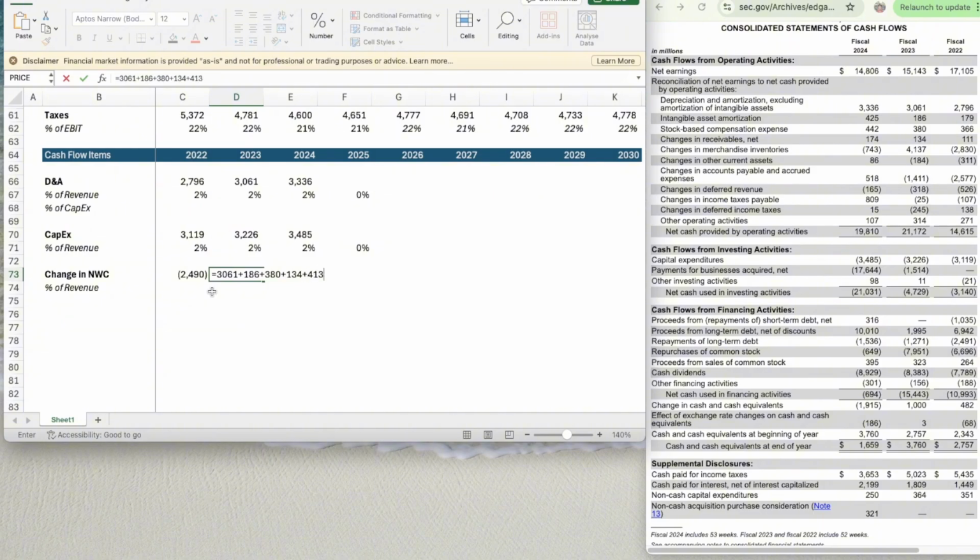Plus 4137 minus 184 minus 1411 minus 318. Have I got that right?